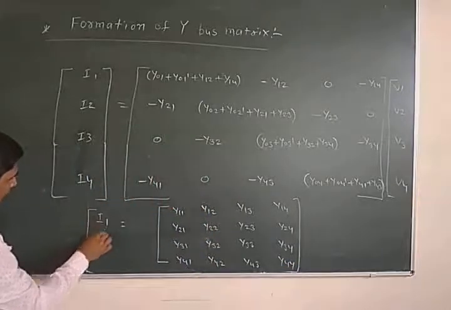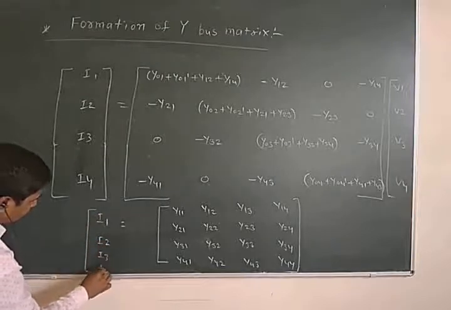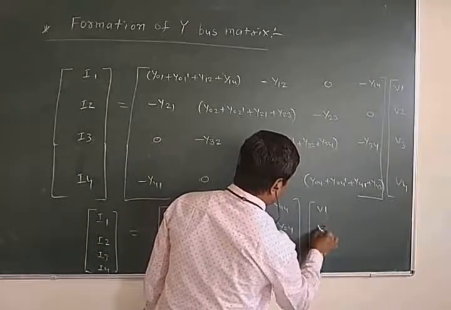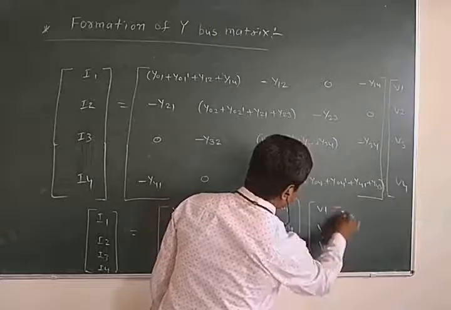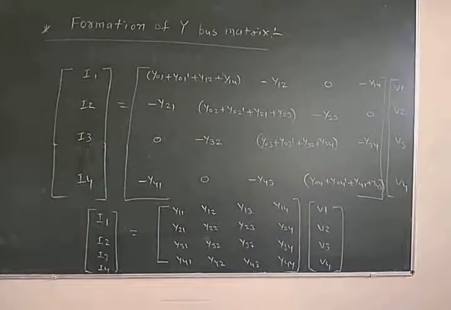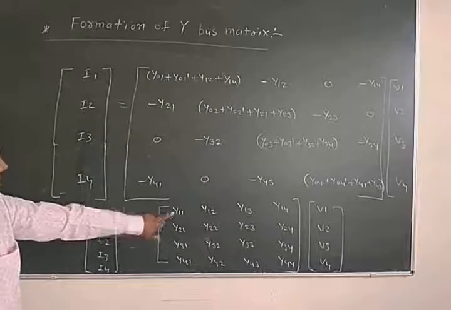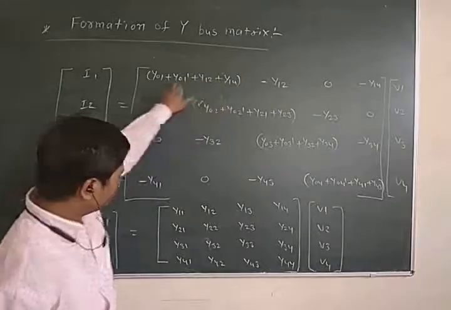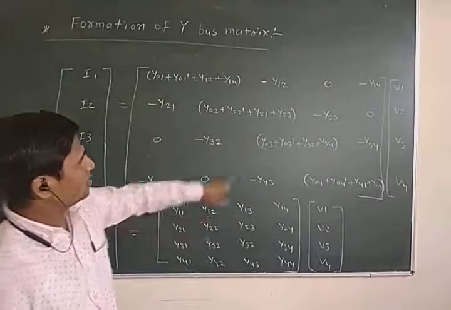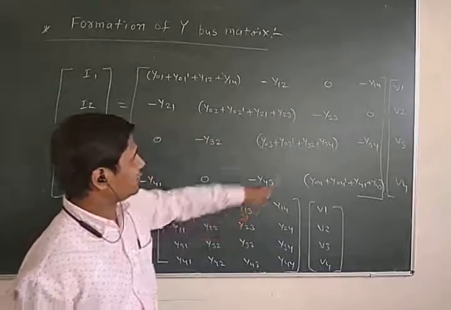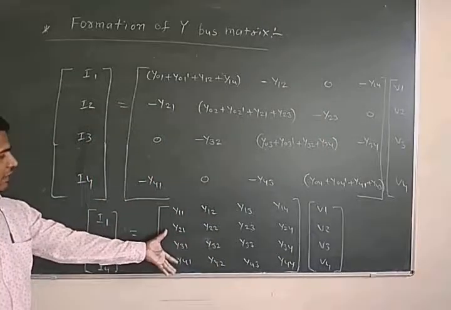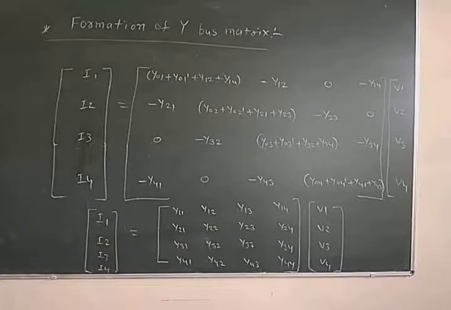This is I1, I2, I3, I4, and this is V1, V2, V3 and V4. The value of y11 is equal to y01 plus y01 dash plus y12 plus y14, y12 is equal to minus y12, y13 is equal to 0, y14 is equal to minus y14. In this way, we can put the data in the matrix from the KCL equations. So this is the Y-bus matrix.